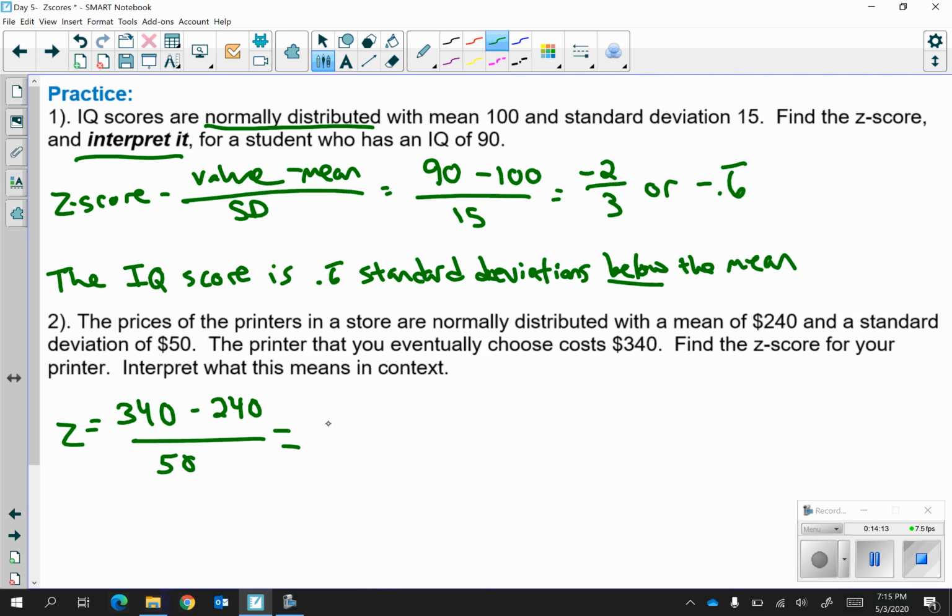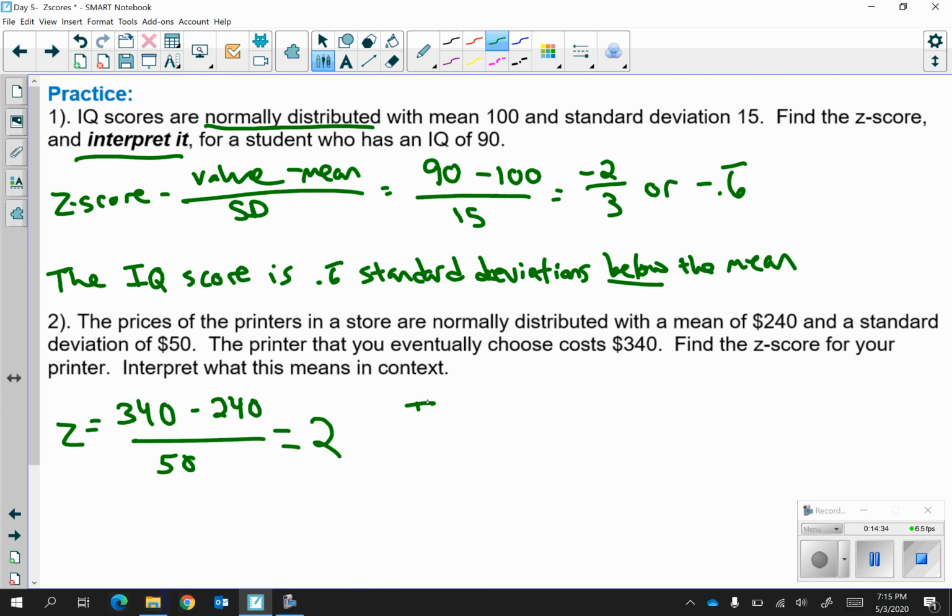If you put that in your calculator, you should get 2. Now, it's positive, which means we paid more than the average printer cost, which is pretty obvious if you paid $340 and the average printer is $240. But because you're 2 standard deviations away, you paid a lot more than the average printer actually costs.